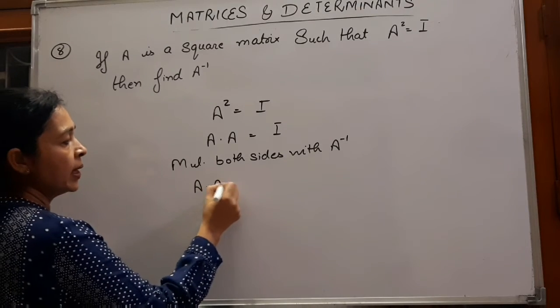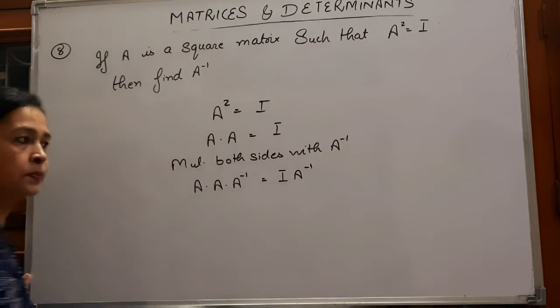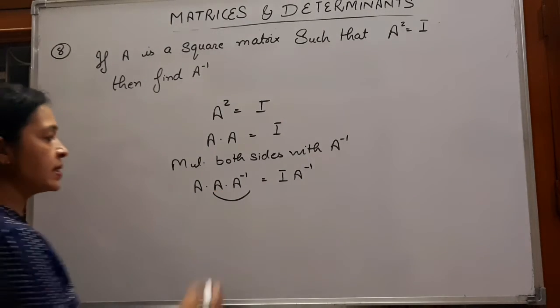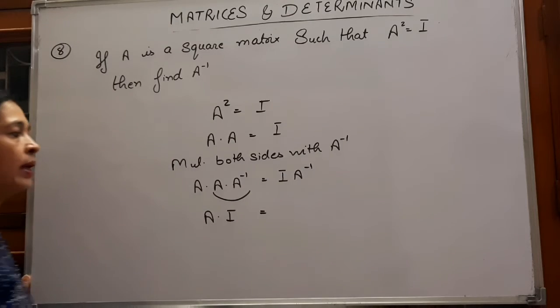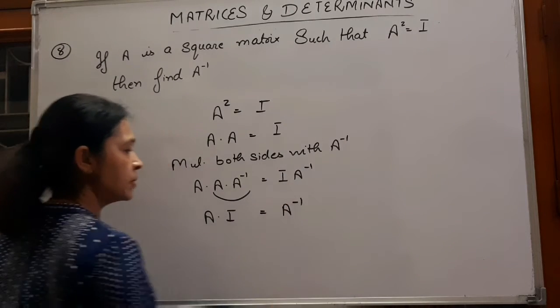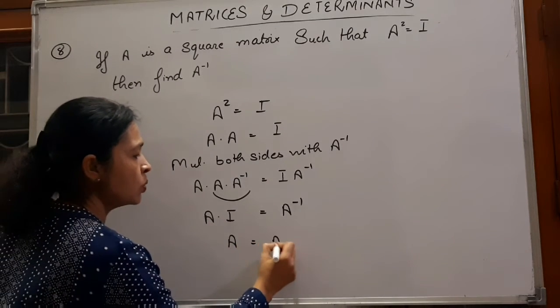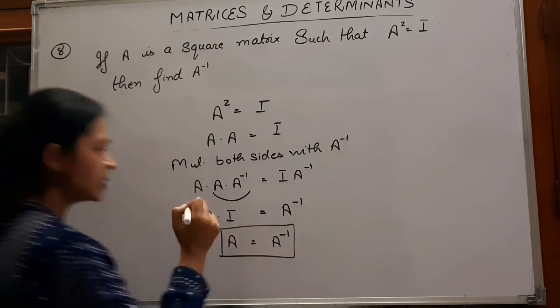We'll have A into A inverse equals to I into A inverse. What is A into A inverse? A into A inverse is I. A into I equals to I into A inverse. A inverse. What is A into I? A equals to A inverse. So what is the value of A inverse? A inverse is A.